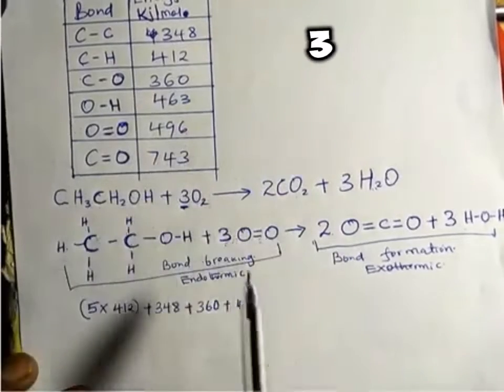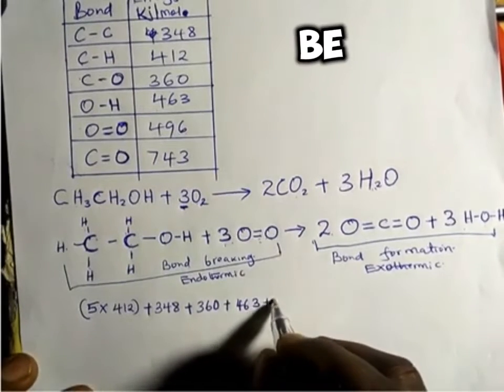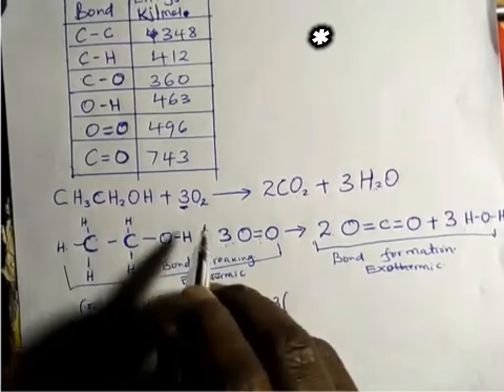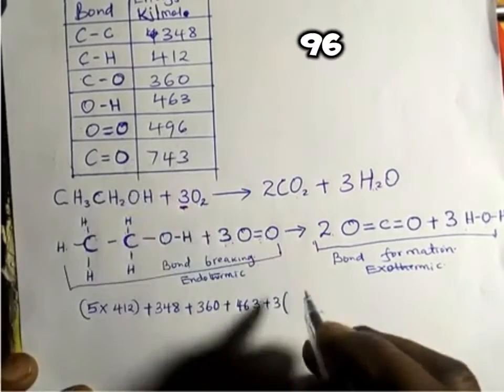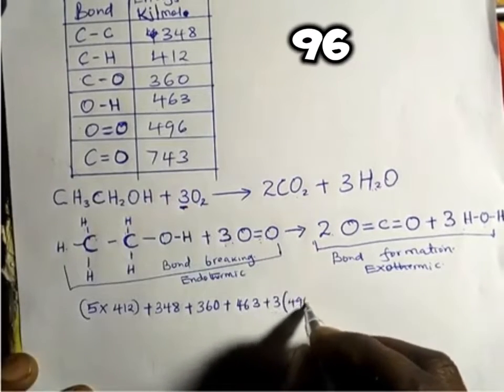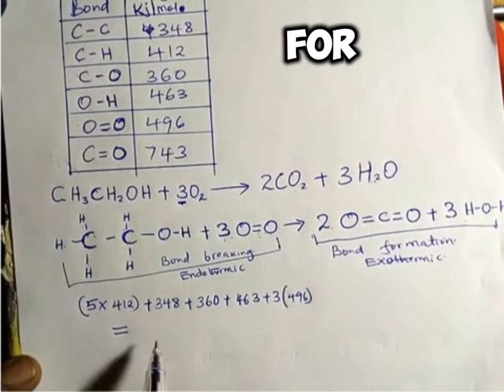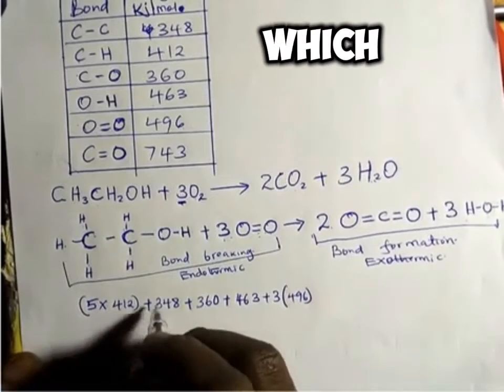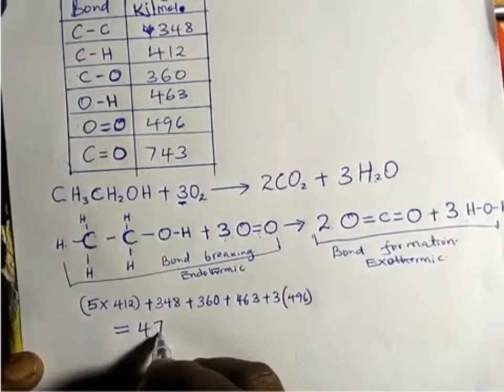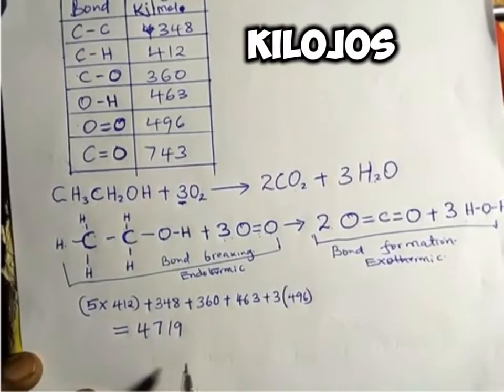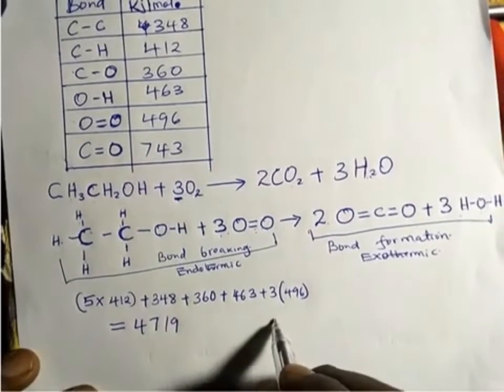Now what will be 3 moles? That will be 3 times 496. And this will give us the total for the bond breaking, which is 4719 kilojoules per mole.